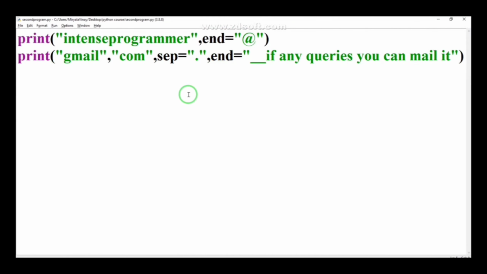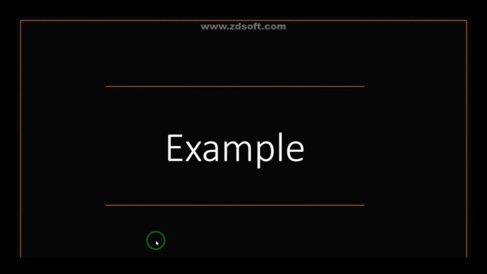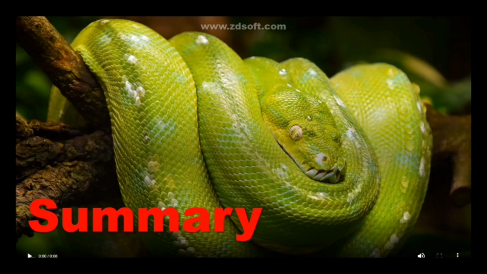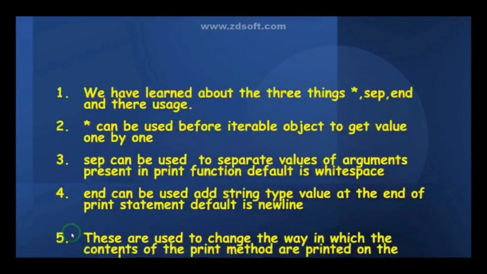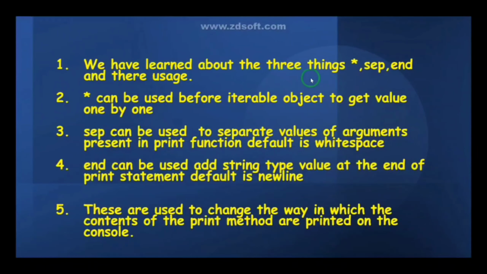Let's have a quick summary of today's session. Today we have discussed these things. First, we have learned about three things: star, which you can call asterisk, the separator operator, and END, and their usage. Coming to each individual, star can be used before an iterable object to get values one by one.